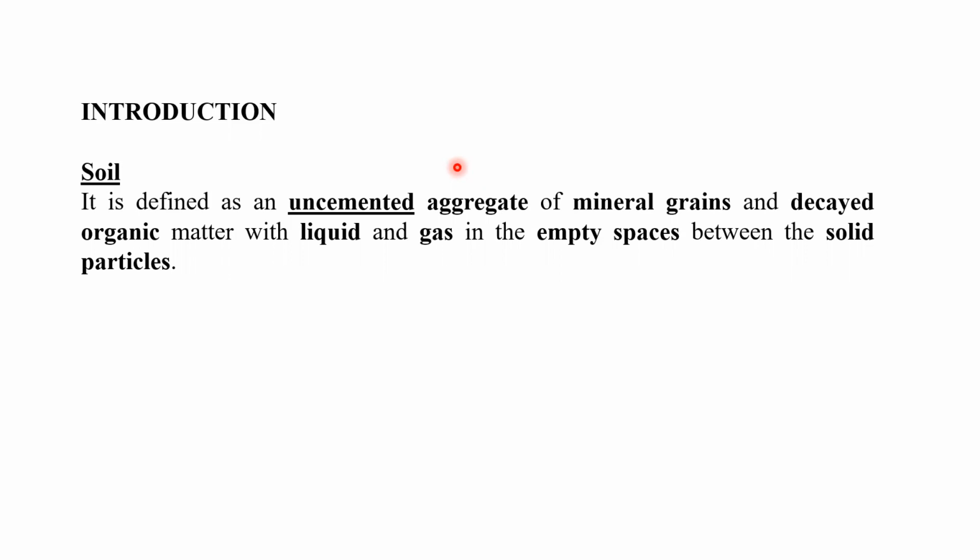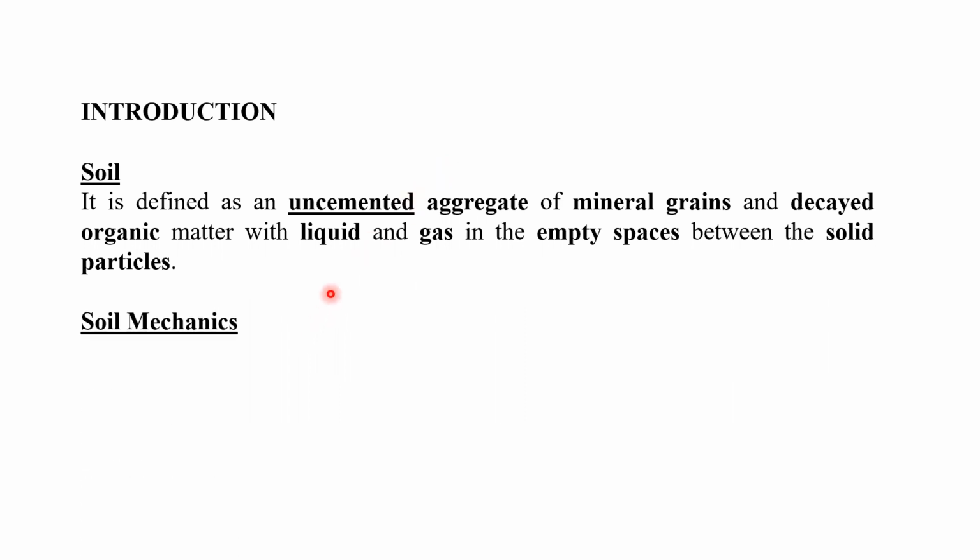You see, the two things are there: uncemented aggregate of mineral grains and decayed organic matters. These will be in the form of solid particles, and in between the voids of these solid particles, either air may be there, gases may be there, or water may be there, or liquid may be there.